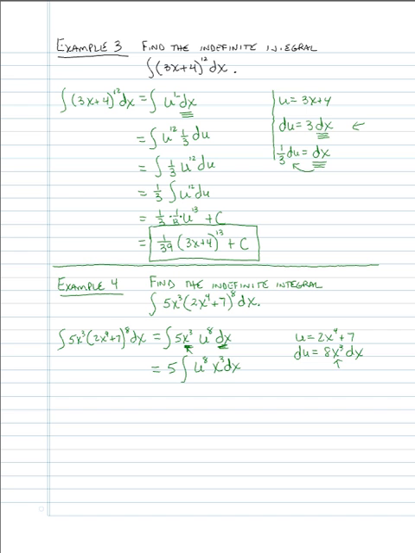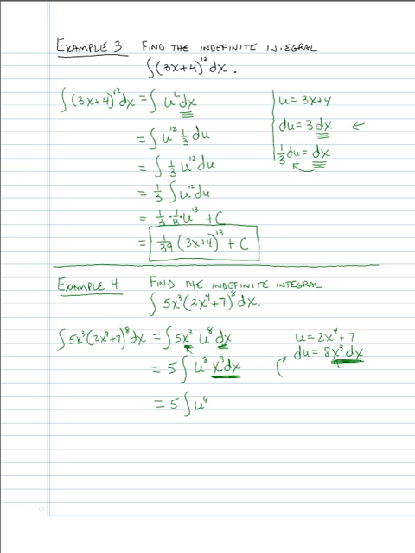Now, we come over and we look at what our du is. And actually what we're doing is we're saying we need to replace this stuff with u things. Okay? This x cubed dx we need to replace with u things. And so to do that, we look right here at our formula, and here is x cubed dx.